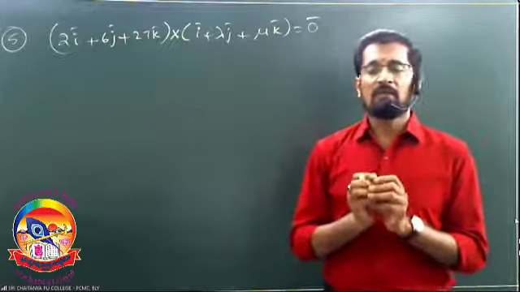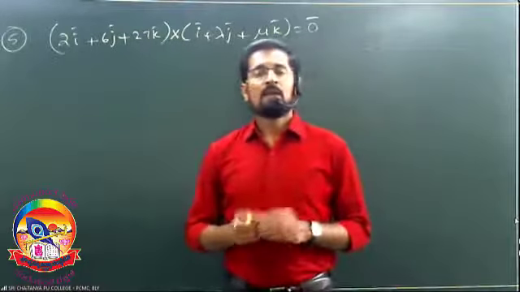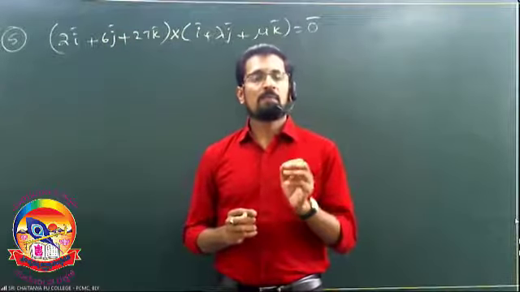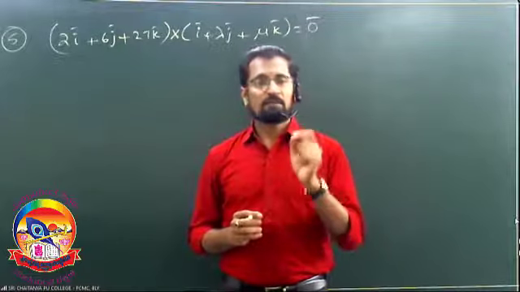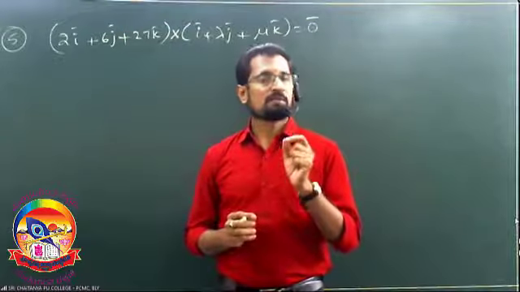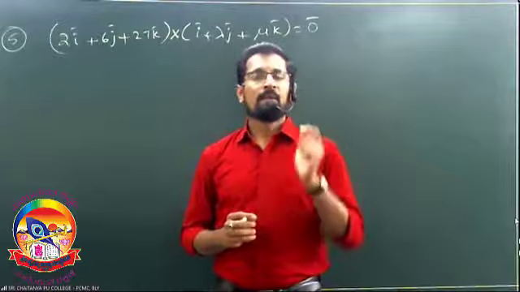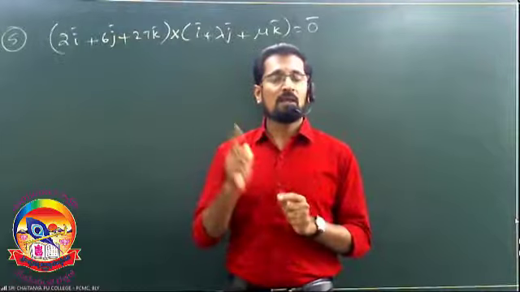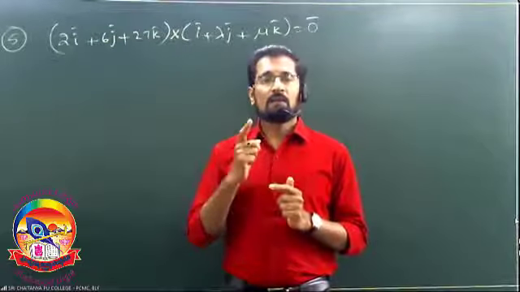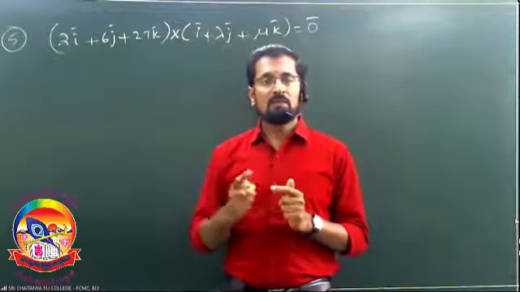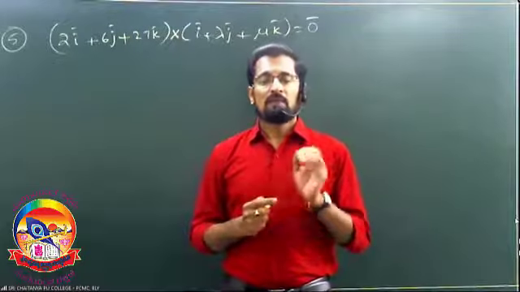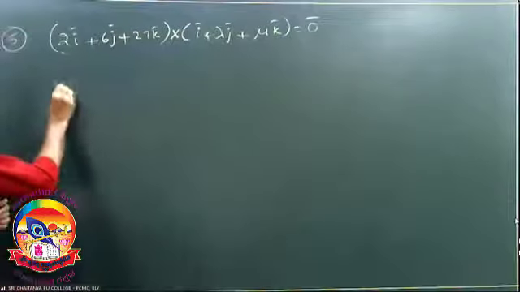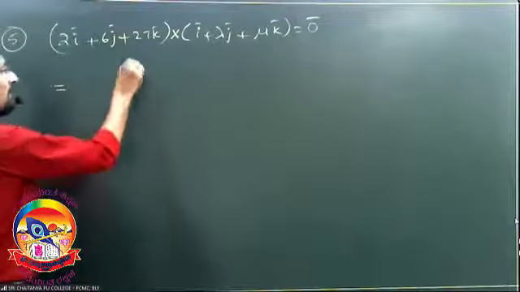Yesterday itself, I gave you one synopsis: if A bar is equal to A1 i bar plus A2 j bar plus A3 k bar, B bar is equal to B1 i bar plus B2 j bar plus B3 k bar, then A bar cross B bar is equal to the determinant of i, j, k, A1, A2, A3, B1, B2, B3. Am I right?